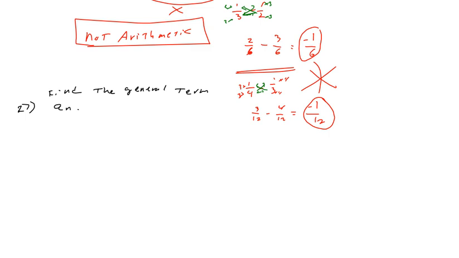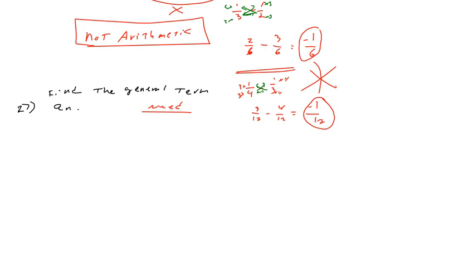So for these questions in this group, we are looking for the general equation, a sub n. Let me ask you, what two things do we need to know to get the equation of a sub n? Type in the chat, what do we need?